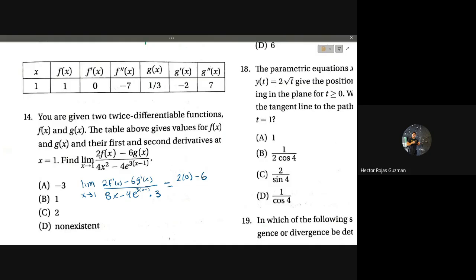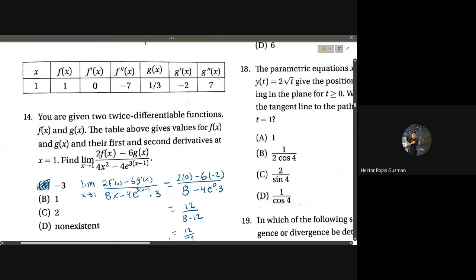G prime of 1 is -2. Well, we're going to have e to the power of 0, which means that we're going to have 12 over 8 minus 12. And it looks like it's going to be negative 3.